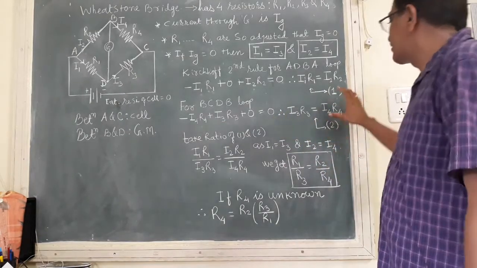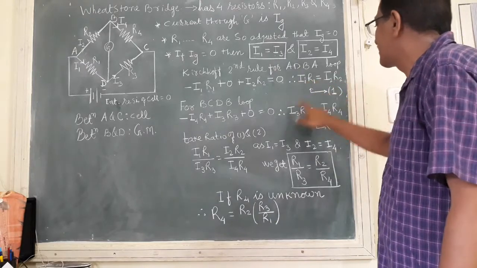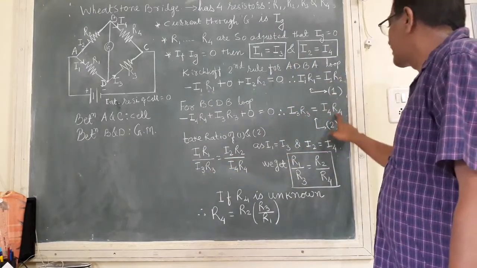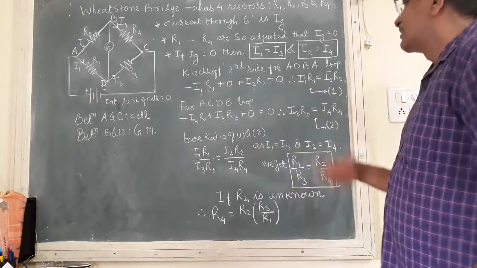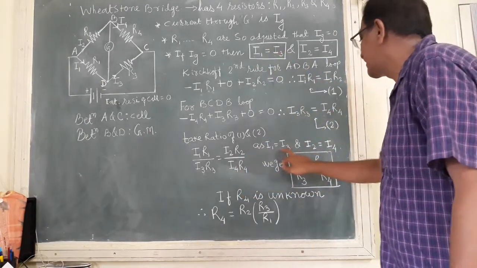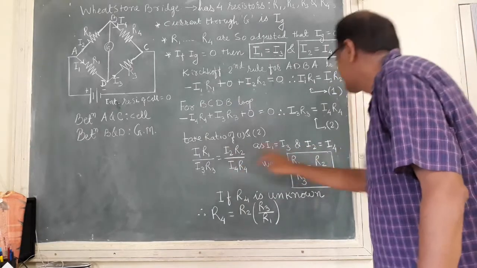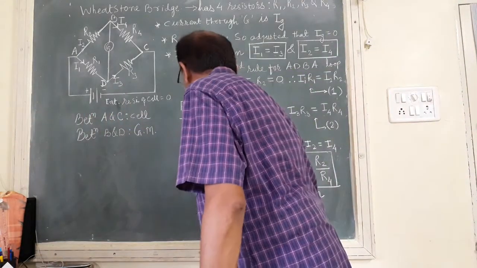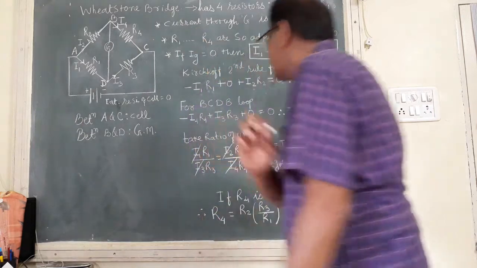Now take the ratio of these two results. So I1 R1 upon I3 R3 is equal to I2 R2 upon I4 R4. Now as you know, I1 is equal to I3 and I2 is equal to I4, so these will cancel out.